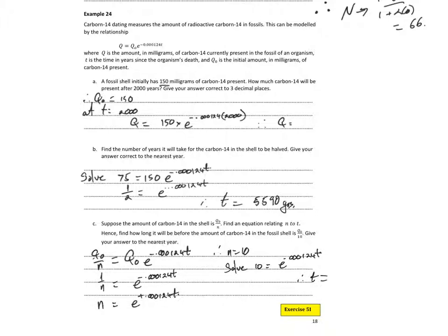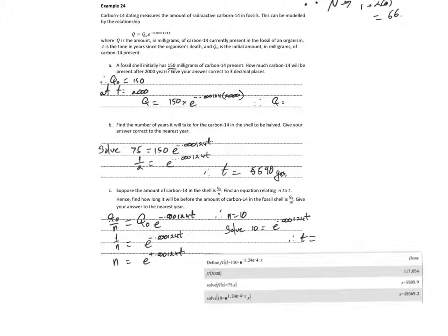Therefore, t will equal, you see here from our printout, if we solve 10 equal to that expression, I get 18,569 years. And you can see there that for the earlier question at 2,000 years, the amount of substance present is 117.054 milligrams of carbon, okay?